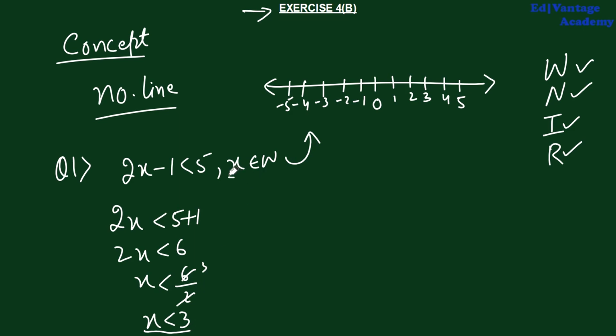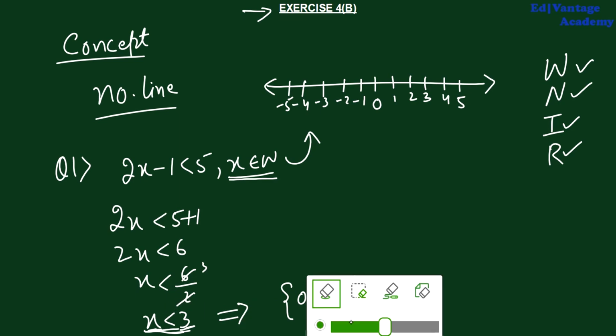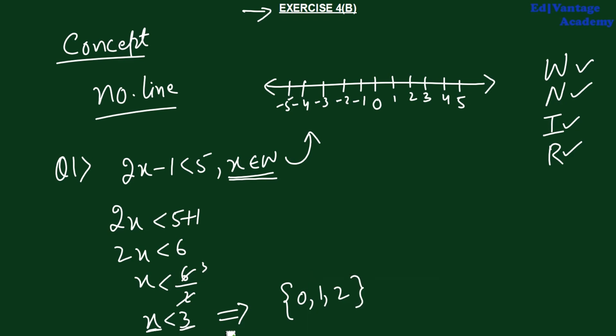But what is x? We chose let x be a whole number. So if x is a whole number and x is less than 3, we need to know the whole numbers less than 3. Whole numbers less than 3 are 0, 1 and 2. 3 is not included because they did not give an equality sign, they said less than 3. So we know how to represent this solution set on the number line.